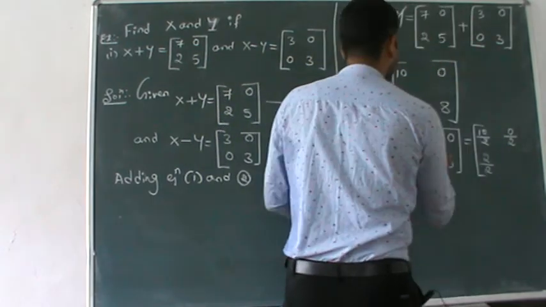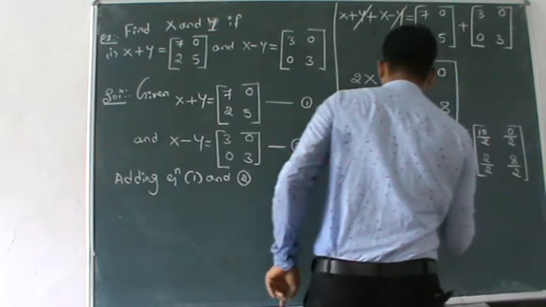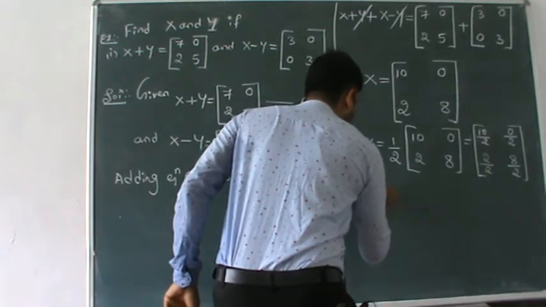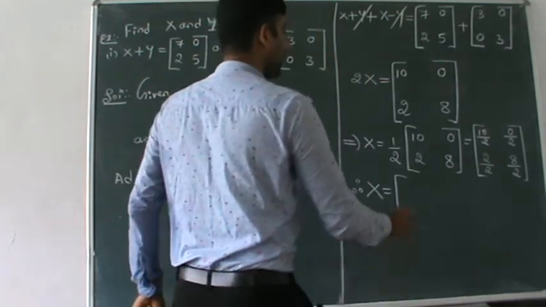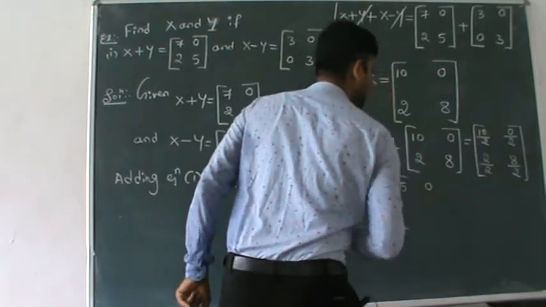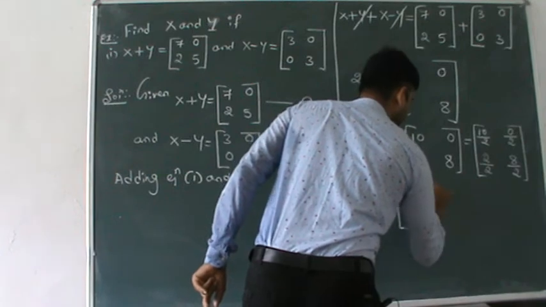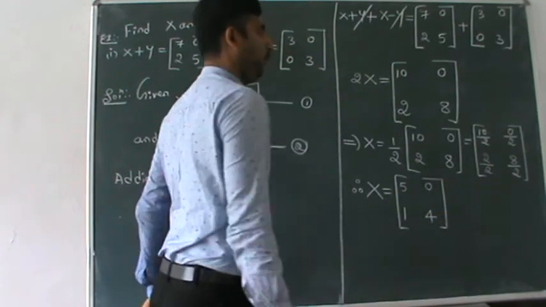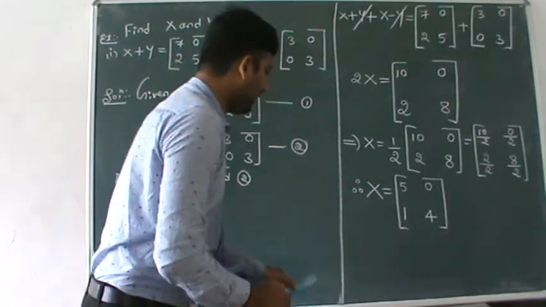Therefore, 10 divided by 2 becomes 5, then 0, 2 by 2 is 1, 8 by 2 is 4. So 5 0 1 4 is the value of x.